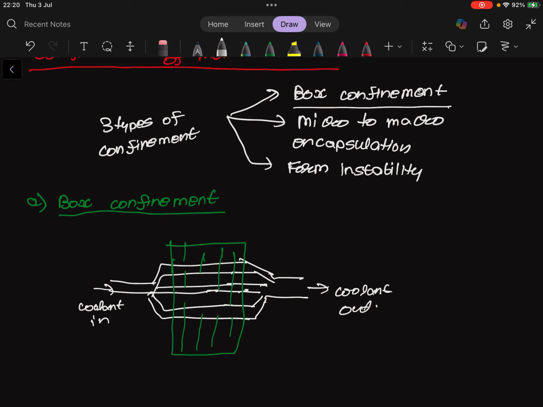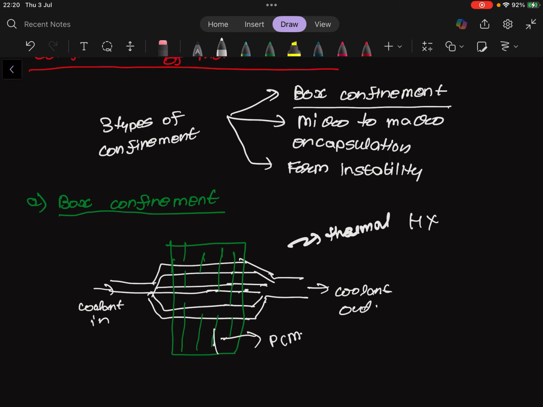So this is an example of a thermal heat exchanger. This gray part, in these fins, we have filled with the PCM material. So we are adding PCM material to absorb the heat.